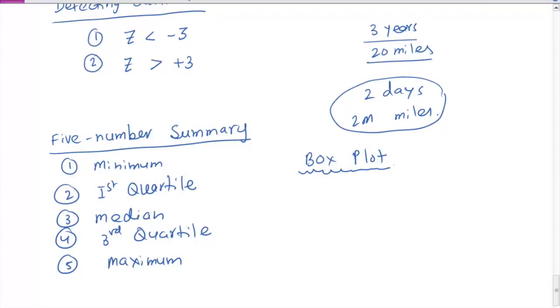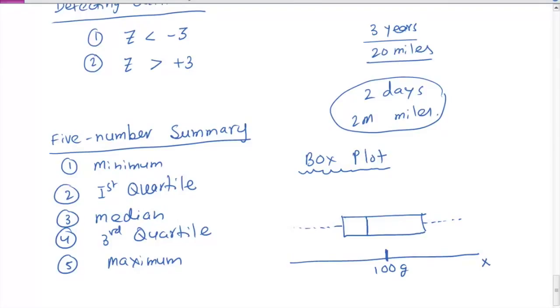Let's say we have some items with random variable x, maybe tea packets, and the average is about 100 grams. So if you see a box plot like this, there is a box or rectangle, and there could be a line in between, and you also have this extended left and right.